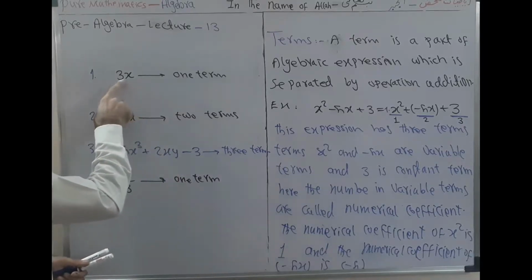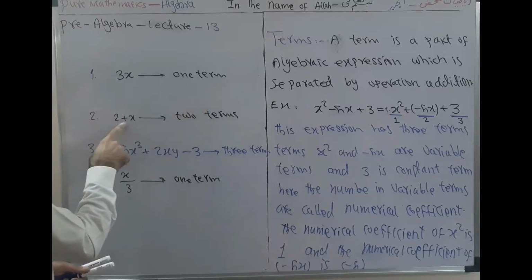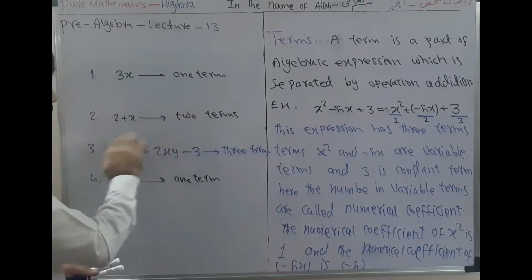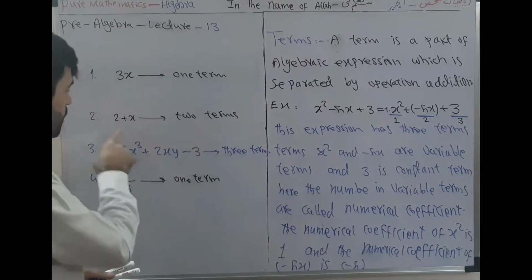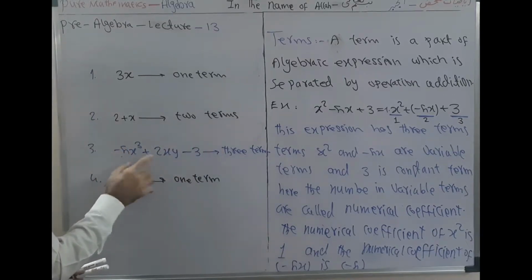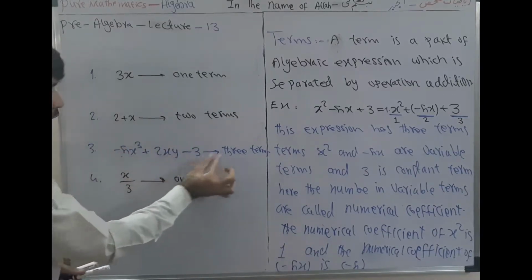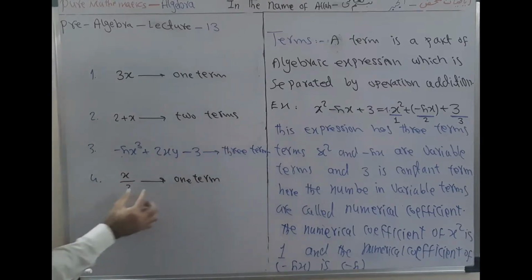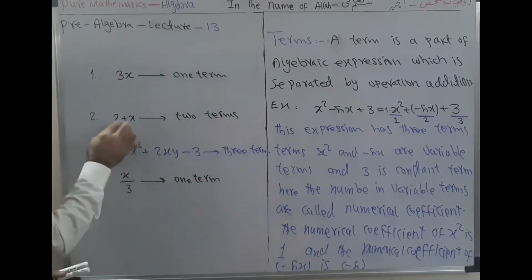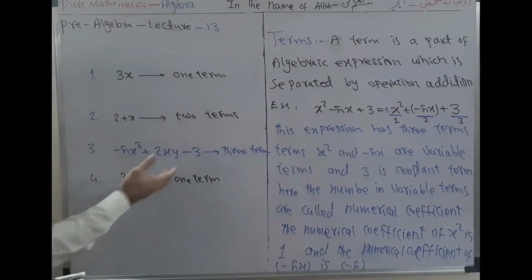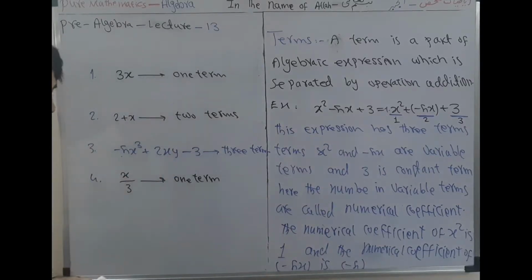Multiplication gives one term. The 2 and x are separated by plus, so there are two terms. Here we have three terms, 1, 2, 3. And there is one term when there is no addition or subtraction.